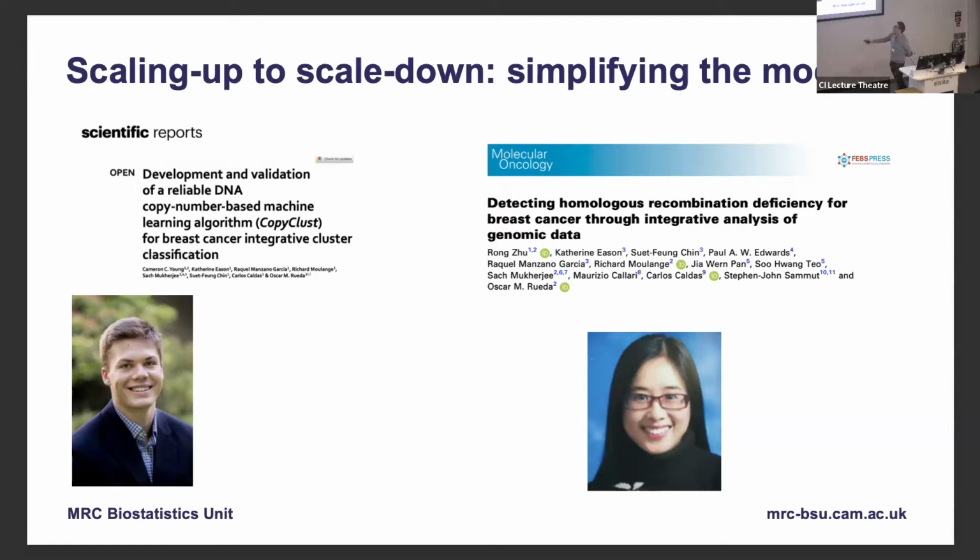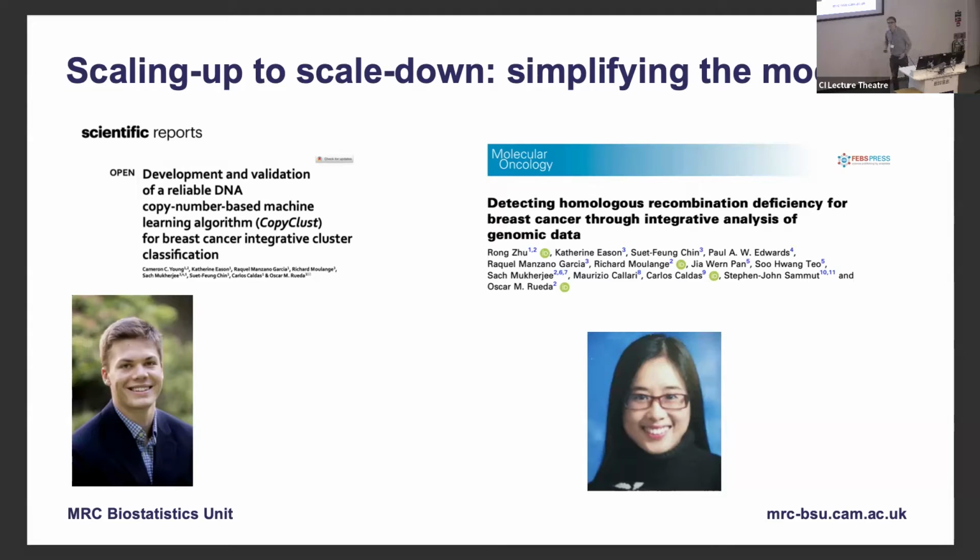So for example, here on the left, Cameron Young, who was an MPhil student, developed a classifier for the problem that I mentioned before, combining DNA and RNA, but using only one type of data. And Rong Zhu, who was a postdoc with me, worked on the problem of estimating homologous recombination deficiency in tumors using a series of models that go from integrating many data modalities and finding those biomarkers that are associated with the other data modalities, to see how low we can go into a model which is simple enough and see if the performance is still good.